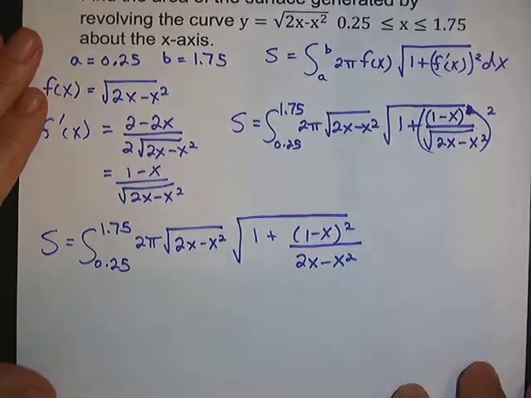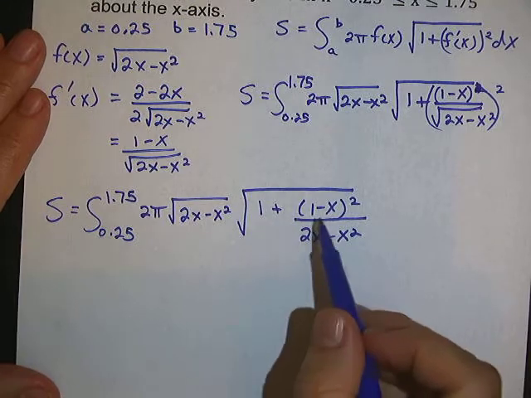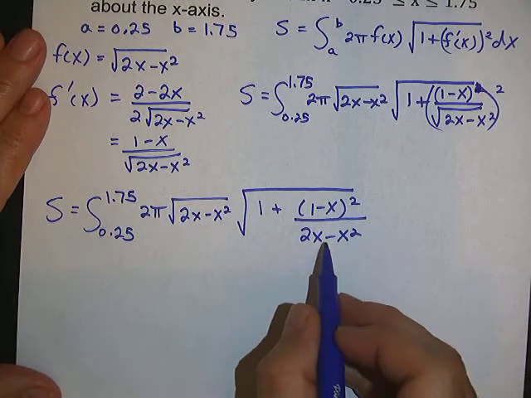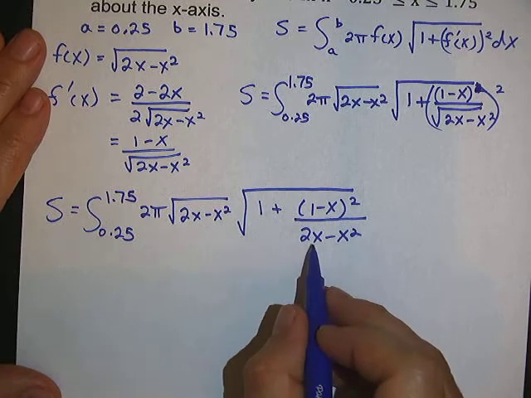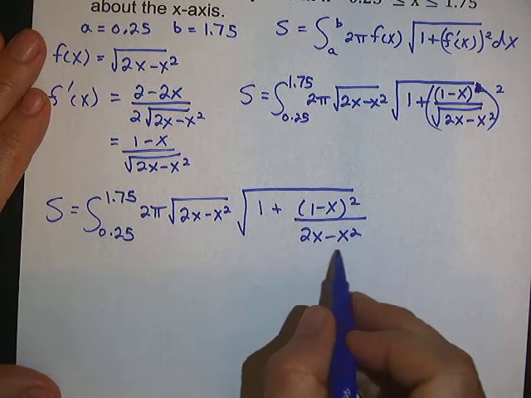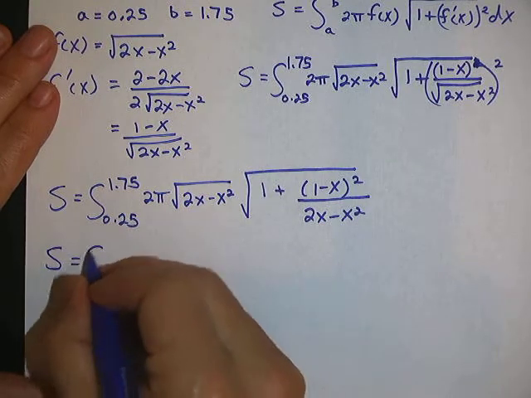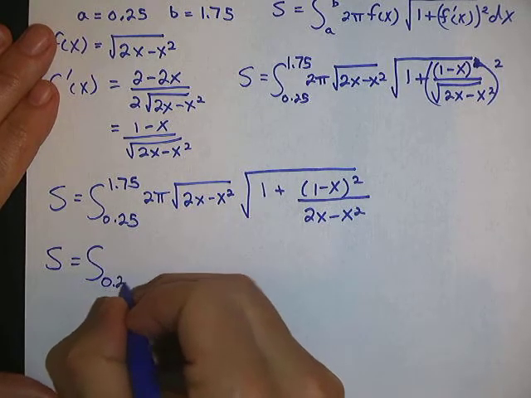Okay, so on the inside of the second radical here, let's combine the 1 with this fraction through a common denominator. So 1 is the same thing as 2x minus x squared over 2x minus x squared. So in our next step, let's write all this down again.